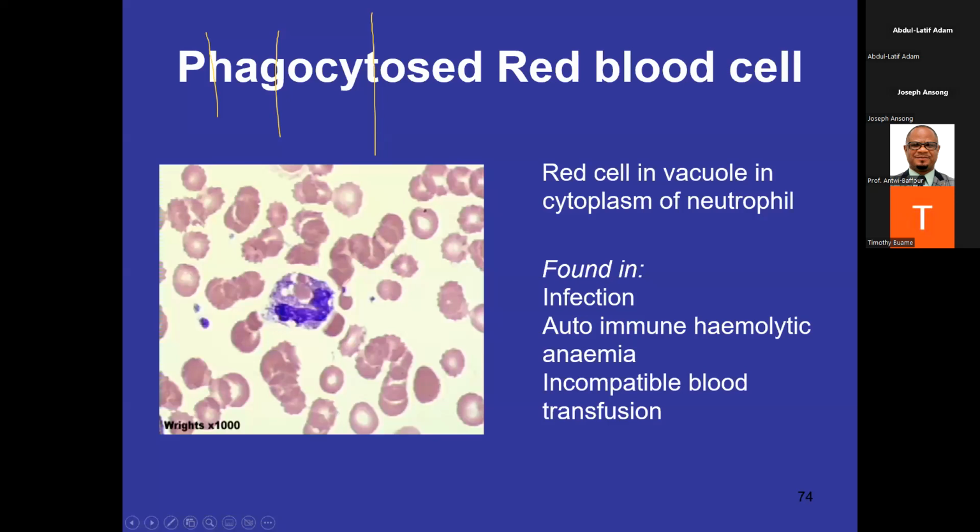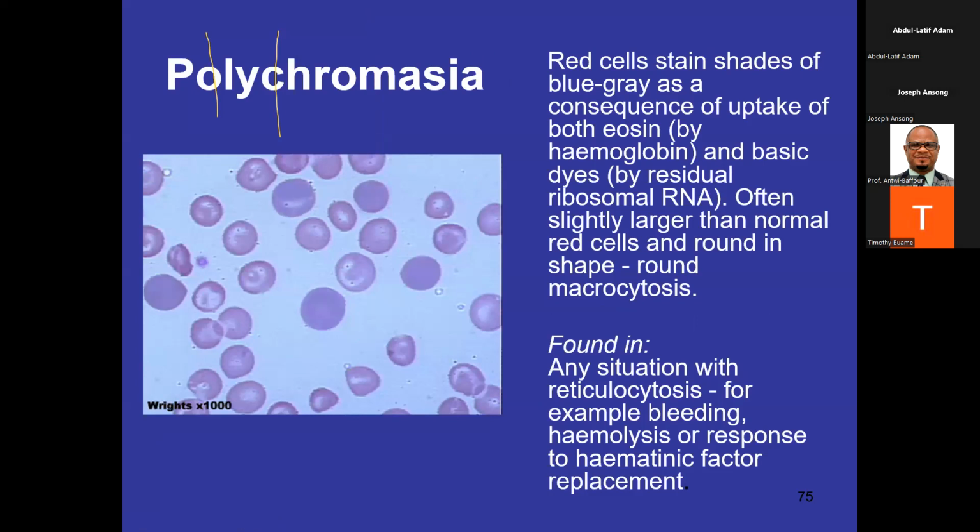Okay, and then we have polychromasia, where the staining is not uniform. So red cells stain in shades of blue and gray. Why? Because there's an uptake of both eosin and the basic dye, methylene blue.